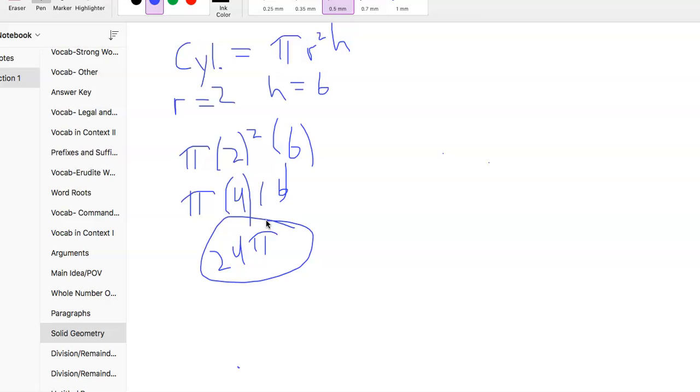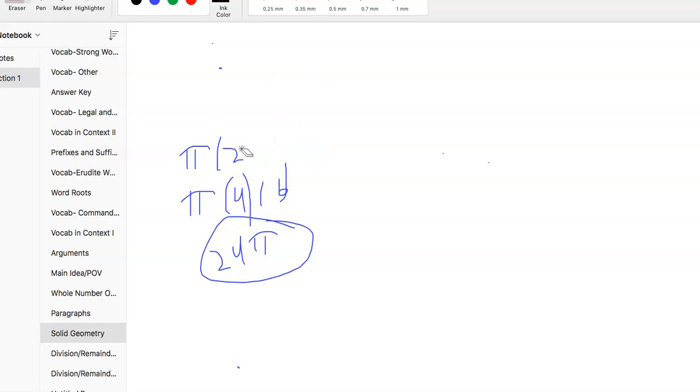It's not going to be 24 times 3.14. It's just 24 pi. So that was pi r squared h for the volume of a cylinder.